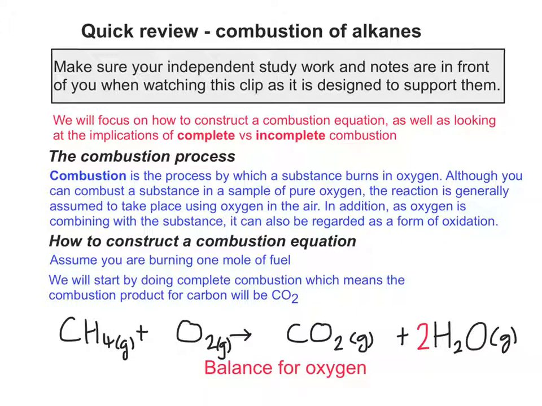And finally I can balance for oxygen. So on the right hand side I've got 4 oxygens in total, 2 from 1 carbon dioxide and 2 from 2 moles of water. So that means I need 2 moles of oxygen gas on the left. And that's us done.